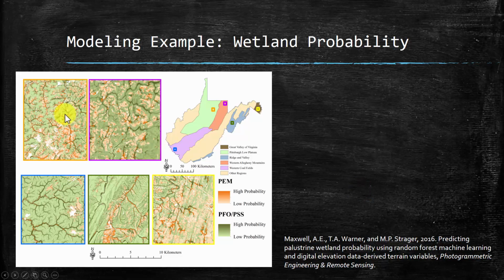So in this map output, the darker orange areas would indicate locations that were likely or more likely to be a palustrine emergent wetland, whereas darker green areas were areas that were predicted based on topography to be likely a palustrine forested or palustrine scrub wetland. So here again, not trying to predict categories, but instead trying to predict something probabilistically, so the likelihood of something.